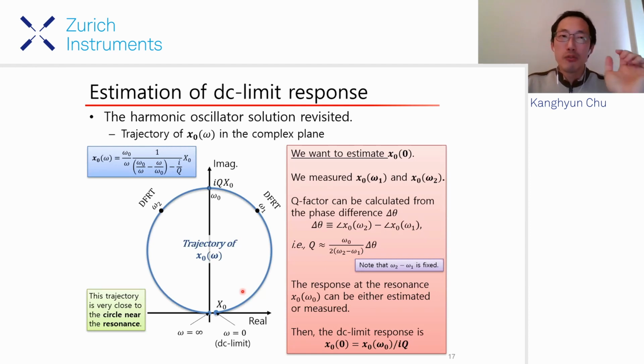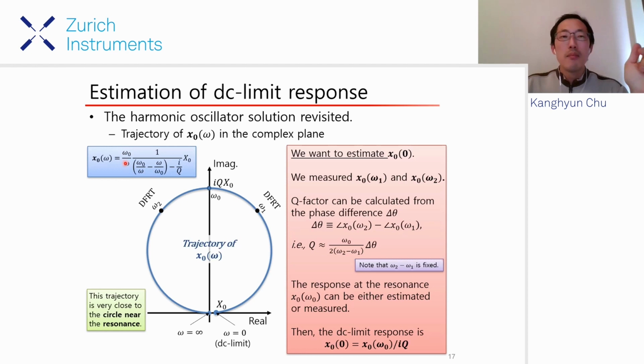To do that, I'm going to revisit our harmonic oscillator solution. If I draw the trajectory of the complex amplitude of the response with respect to the frequency, it forms something quite similar to a circle. Not exactly a circle because of the term of the resonant frequency over the applied frequency.